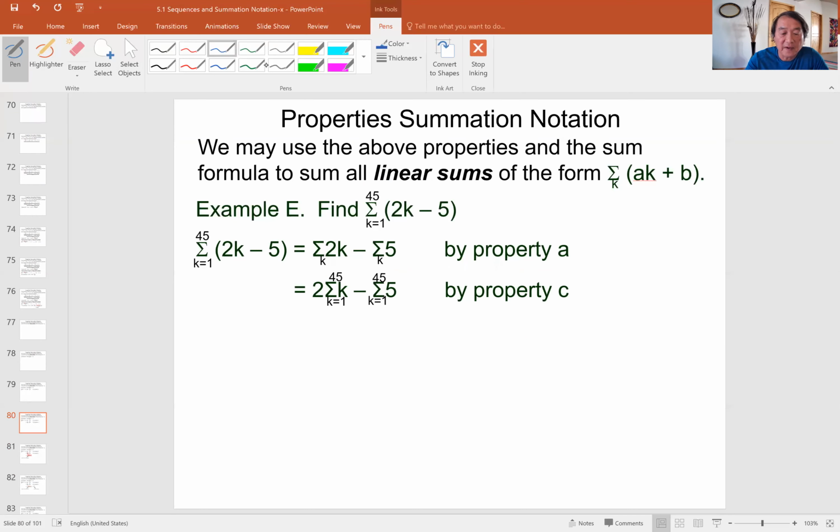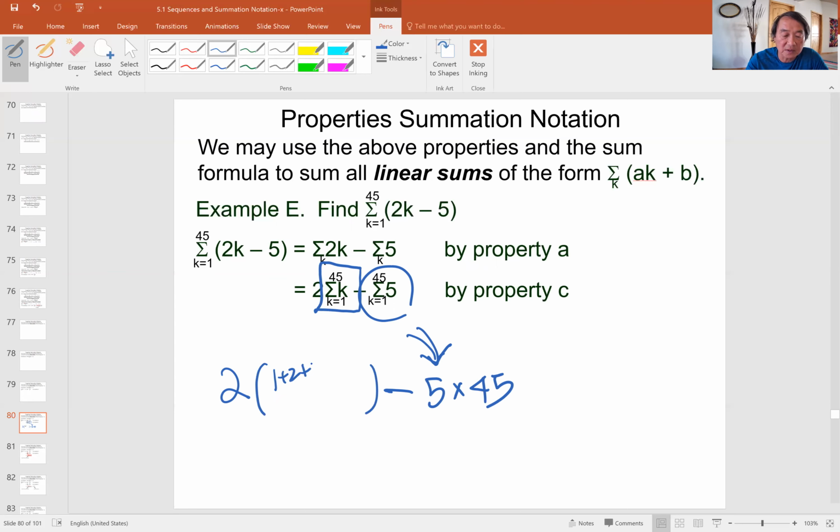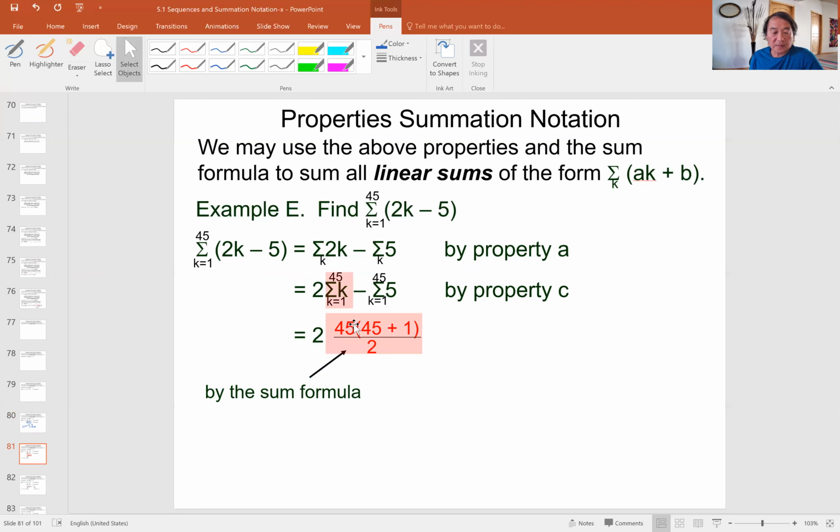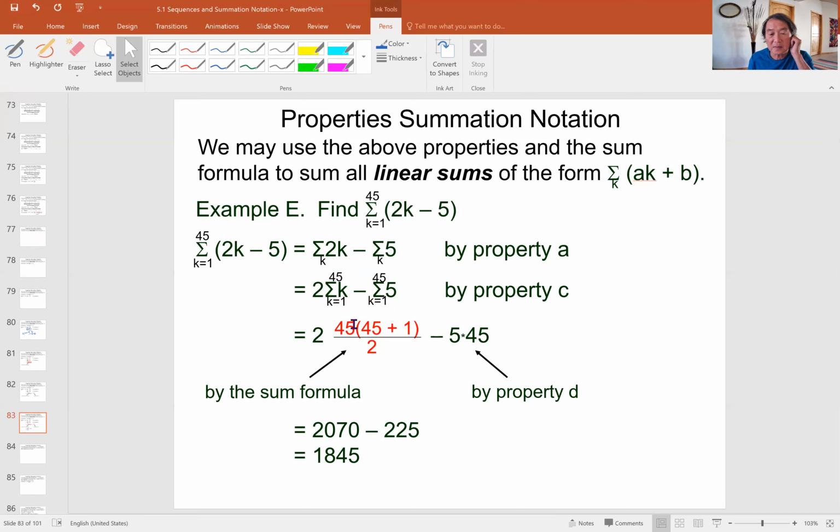The sum of the 5s means 5 sets of 45, so this part is easy to figure out, and the 2 is outside. Now, what's the sum of these? The sum 1 plus 2 plus 3 up to 45. This is where the linear formula comes in, and then we can get the answer.